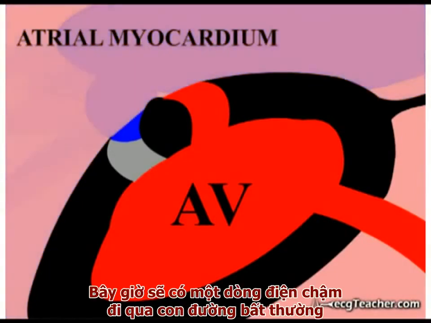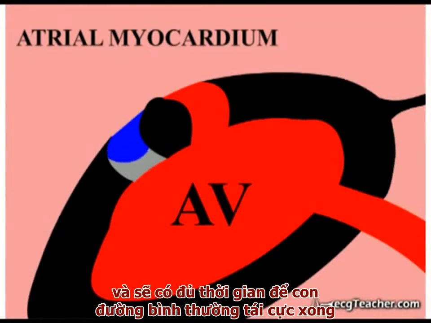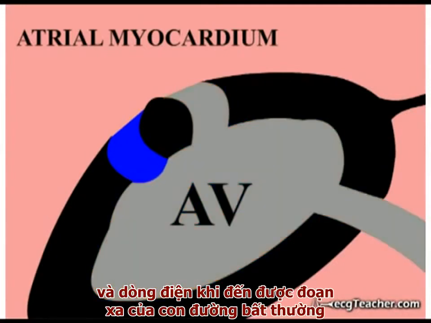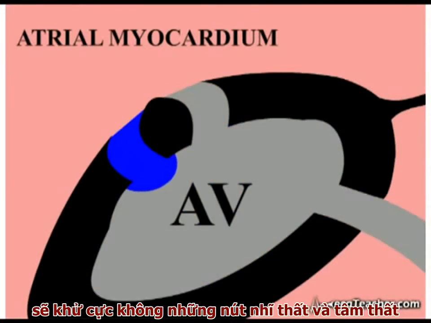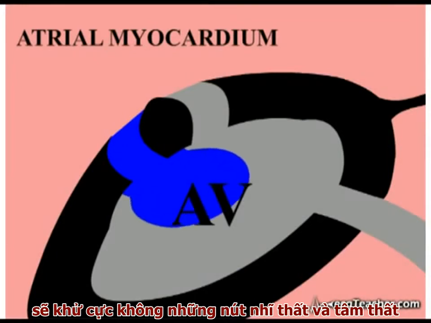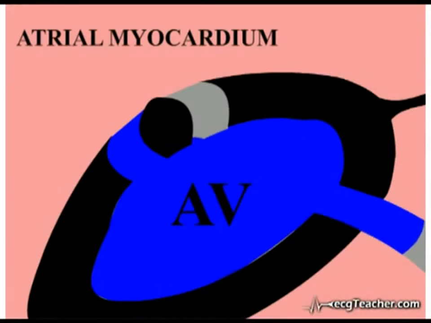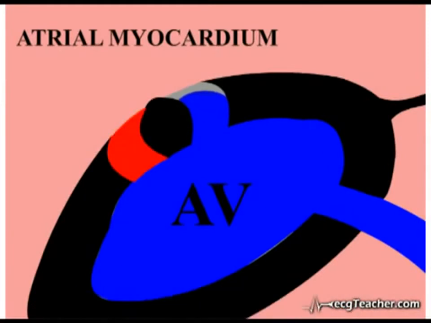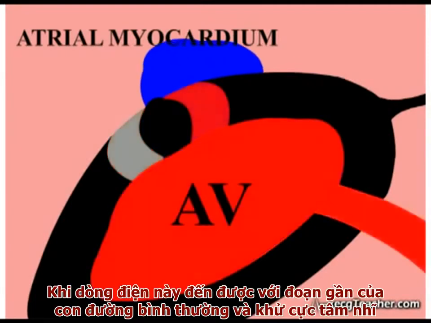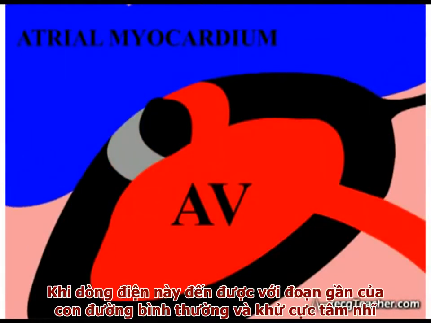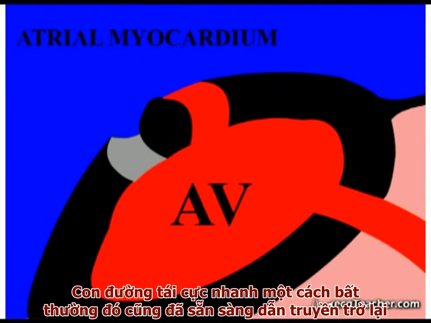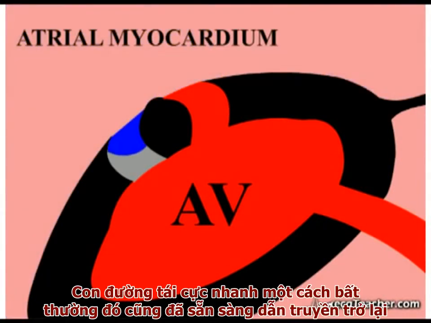Now, the slow passage of current through the abnormal section allows enough time for the normal tract to repolarize, and current arriving at the distal end of the abnormal tract is propagated not only into the AV node and into the ventricles, but also in a retrograde direction by the normal conducting strand. By the time the current reaches the proximal end of the normal tract, the rapidly repolarizing diseased section is ready to conduct again.